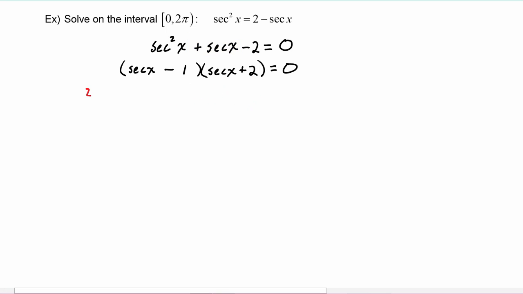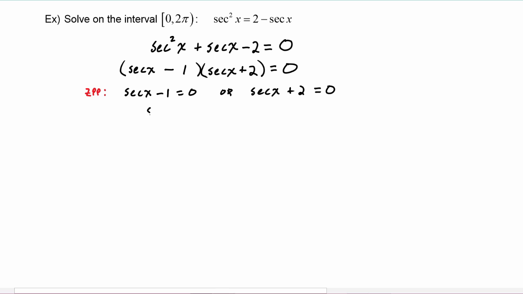We will apply the zero product property, and we will get secant of x minus 1 is equal to 0, or secant of x plus 2 is equal to 0. We'll start with this equation and isolate the trig function.